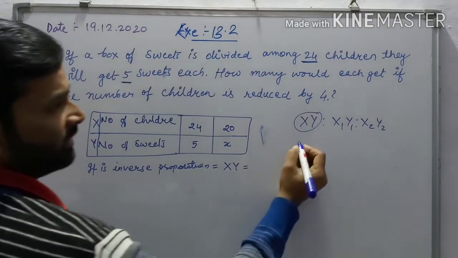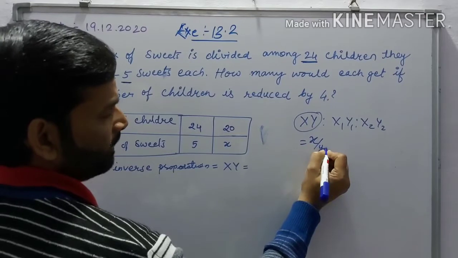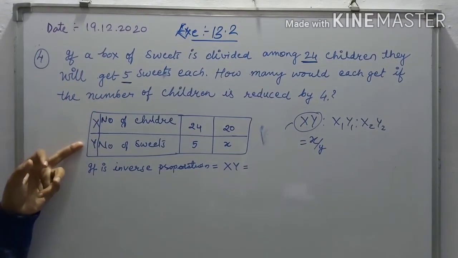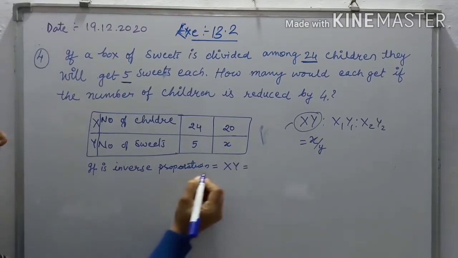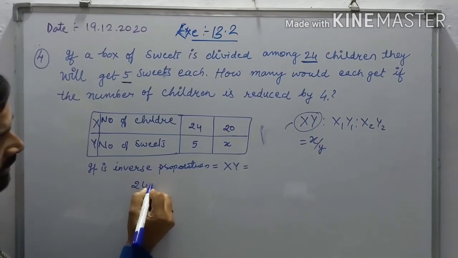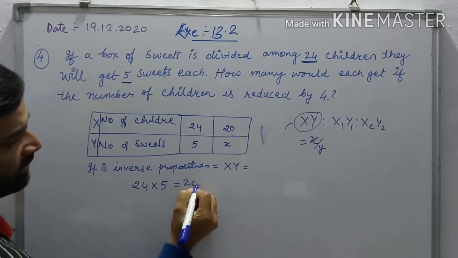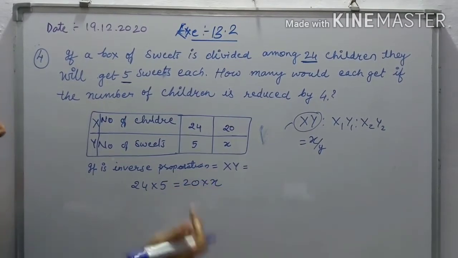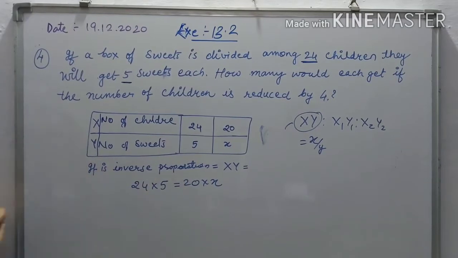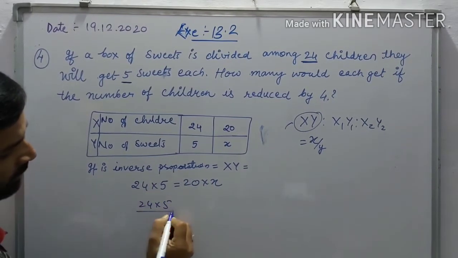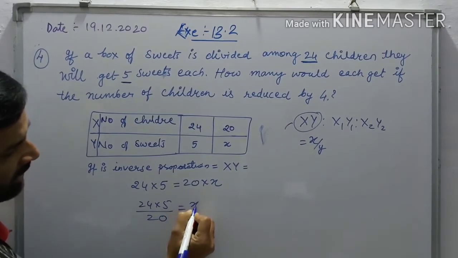For a direct quantity it is x upon y, here it will be x into y. So the first quantity is x and the second is y. Here it is 24 into 5 equal to 20 into x, and we write 24 into 5 upon 20 is equal to x.